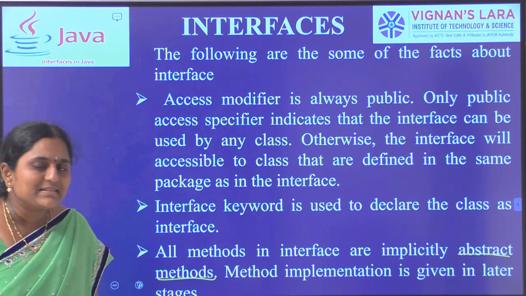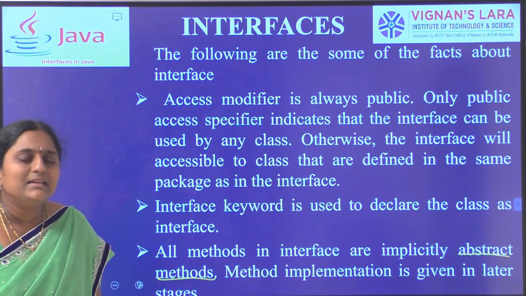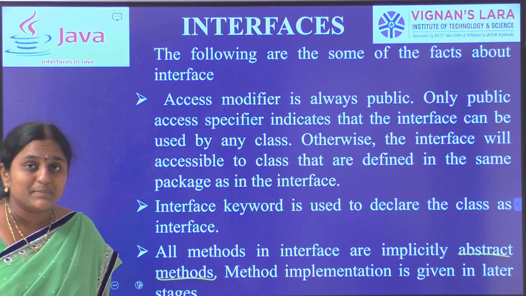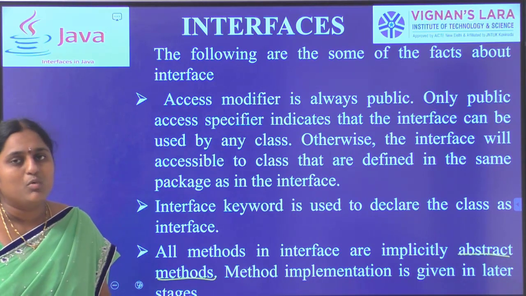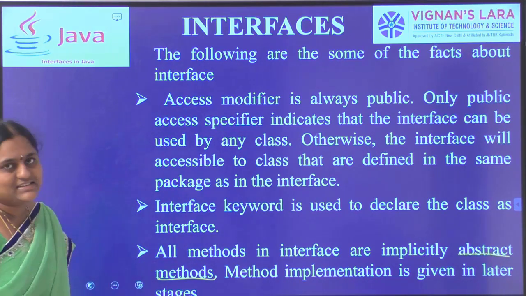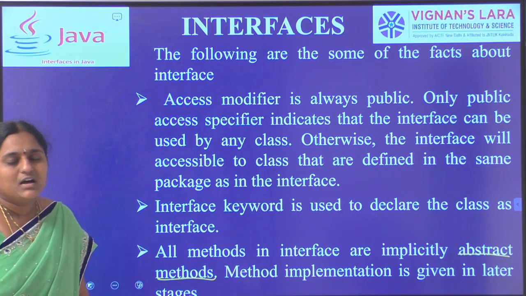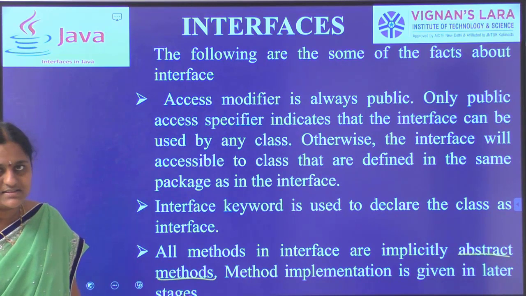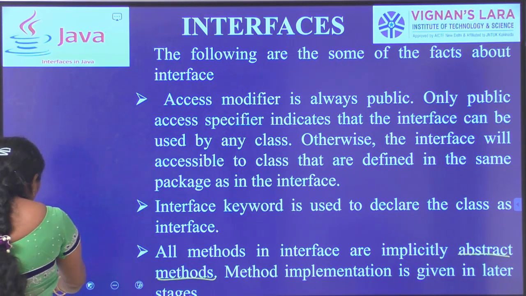In the interface, methods are implicitly abstract methods. They also contain method declarations without any body. Method implementation is given at later stages. Next, coming to the next point.